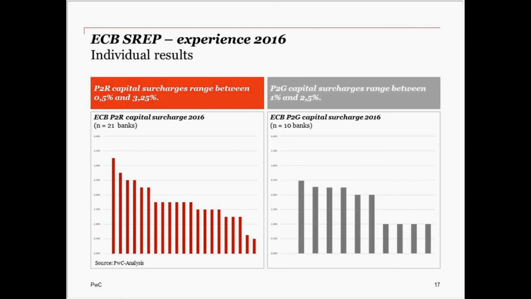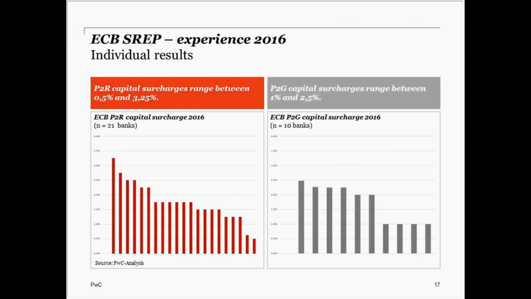And what we have seen so far is P2R capital requirements ranging from 0.5% to 3.25%, and P2G capital requirements ranging from 1% to 2.5%.